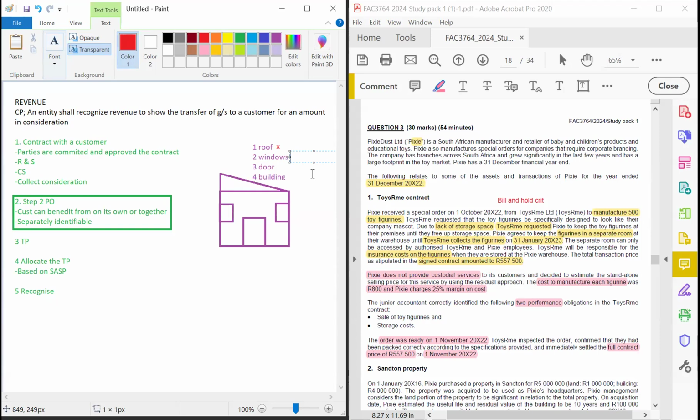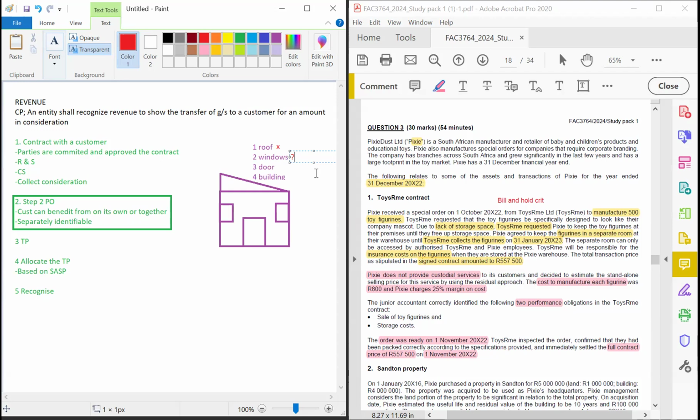So the fundamental principle that you have to take note of is, can you sell the separate promise alone? So are these windows sellable? Can you, as the person who's going to be the homeowner, sell these windows in their form? Right? So that's something that you need to consider with the windows.